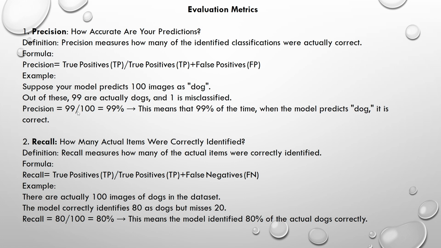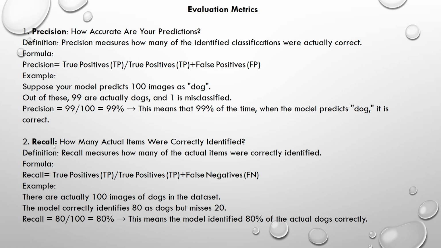And in this scenario, it is 99 divided by 100, which is 99%, which means that 99% of the time when the model predicted dog, it is correct. It is actually a dog. But in 1% of the time when the model predicted dog, it was not actually a dog. It was some other random image. That is what precision is.